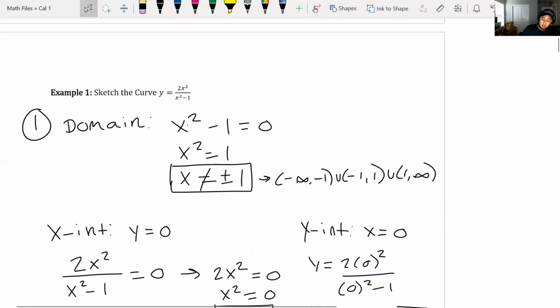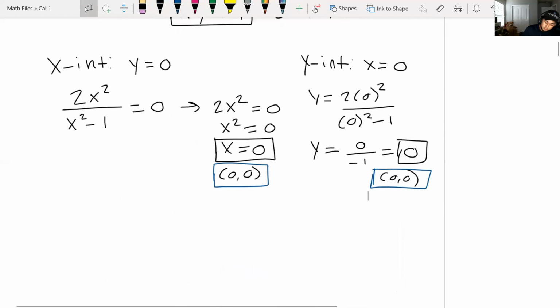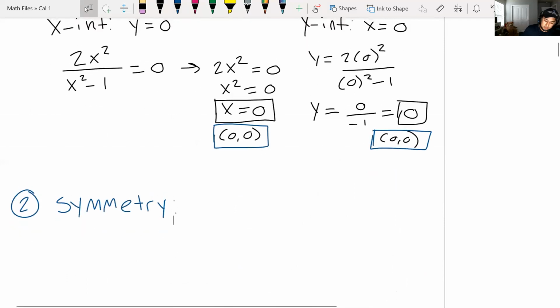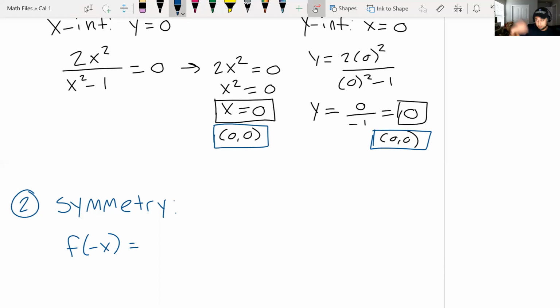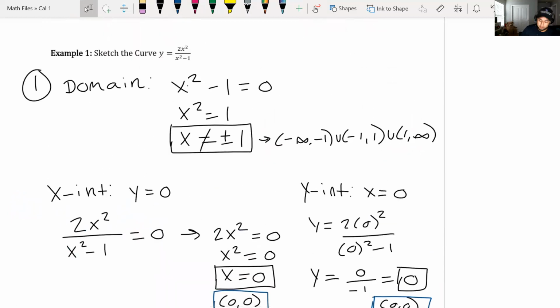Step 2 is we look for symmetry. I will write this as f of negative x equal to, and now I will take negative x and plug it into the original function, 2x squared over x squared minus 1.